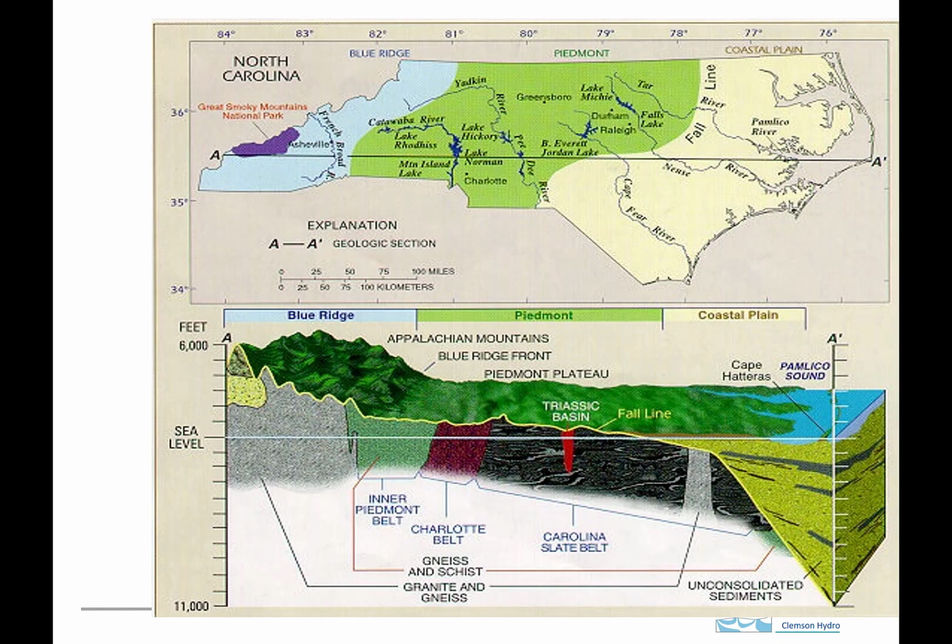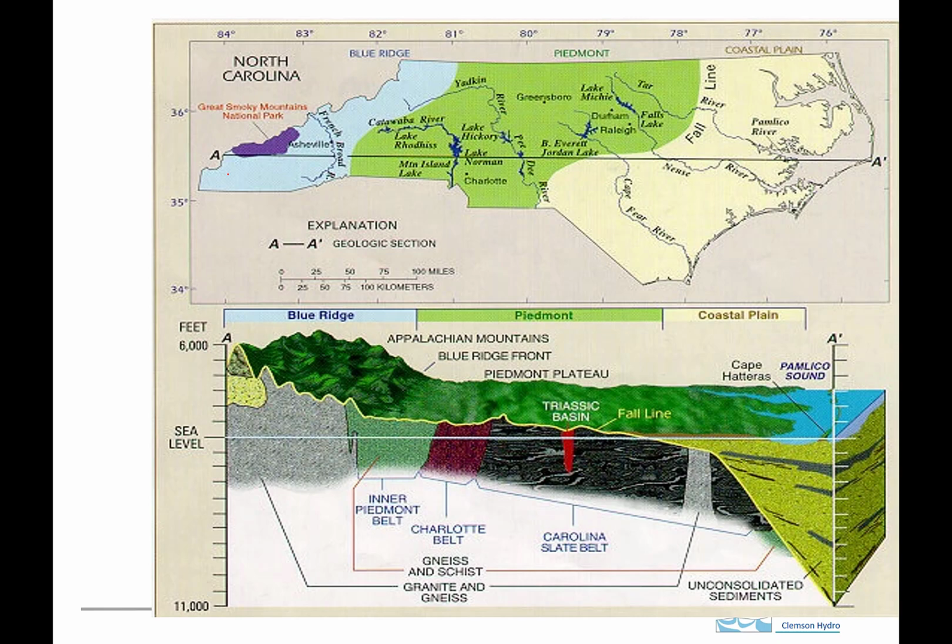And so here we see a map of North Carolina with the Piedmont region shown in green, and the Blue Ridge is shown over on the western side in blue.